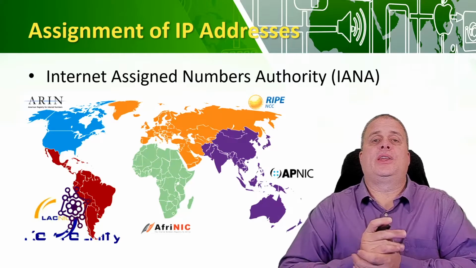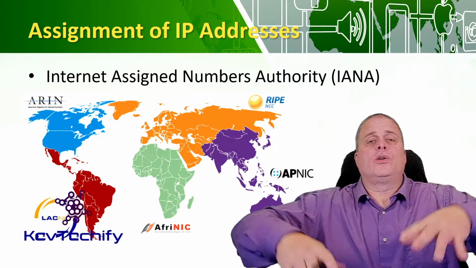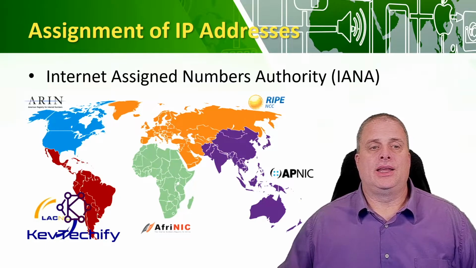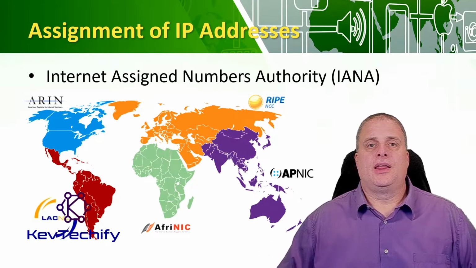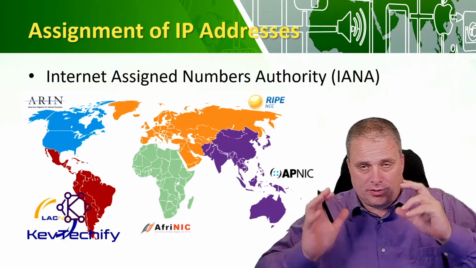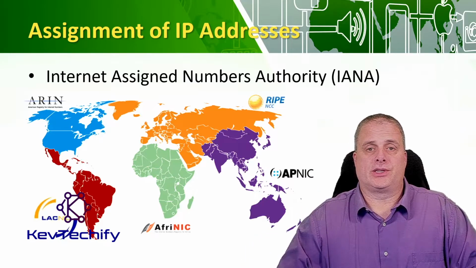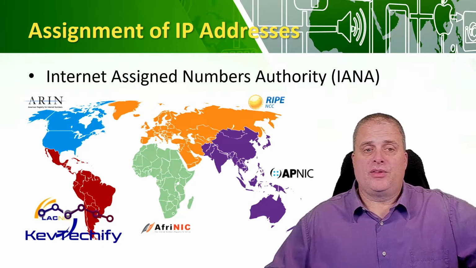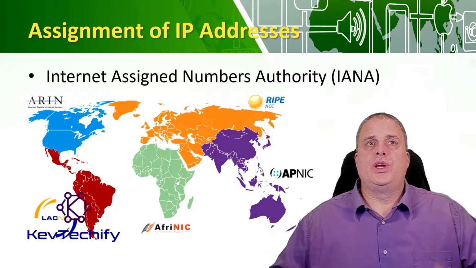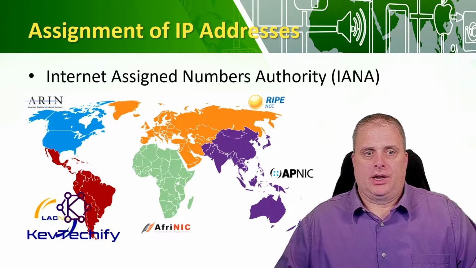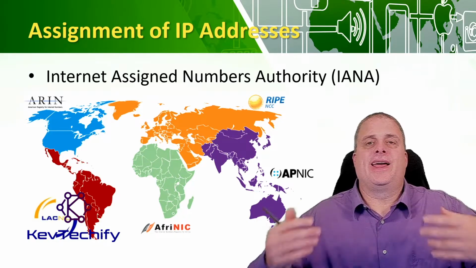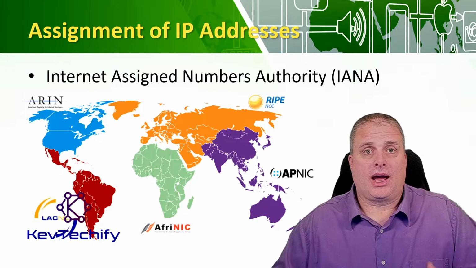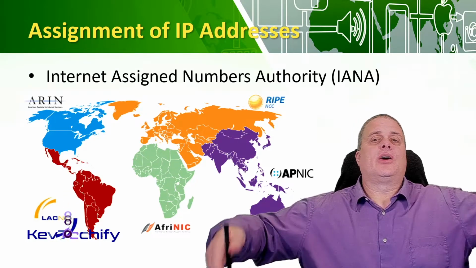Now, handing out the IP addresses. The overall global authority to hand out IP addresses is IANA, the Internet Assigned Numbers Authority. They are responsible for handing out IP version 4 and IP version 6 addresses to regional internet registries. The regional internet registries then hand out IP addresses to ISPs, or major ISPs, and then they hand it out to their users.